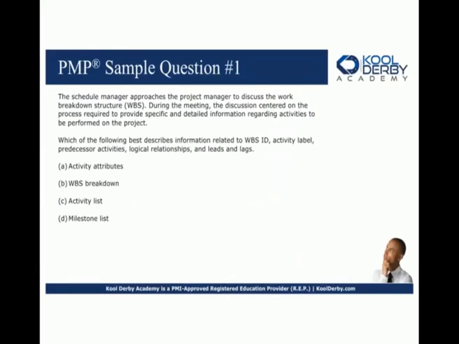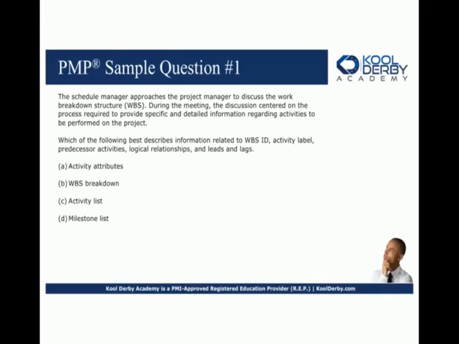During the meeting, the discussion centered on the process required to provide specific and detailed information regarding activities to be performed on the project. Which of the following best describes information related to WBS ID, activity label, predecessor activities, logical relationships, and leads and lags.